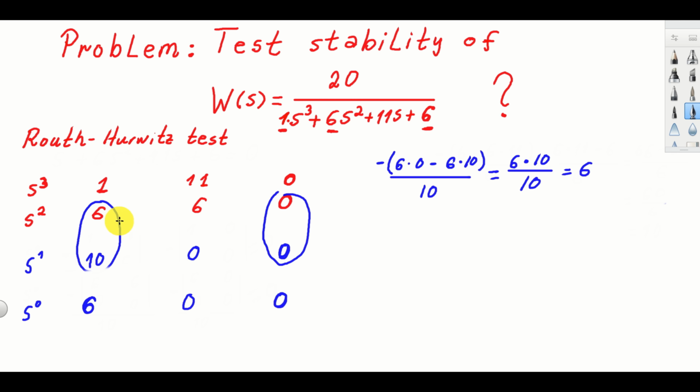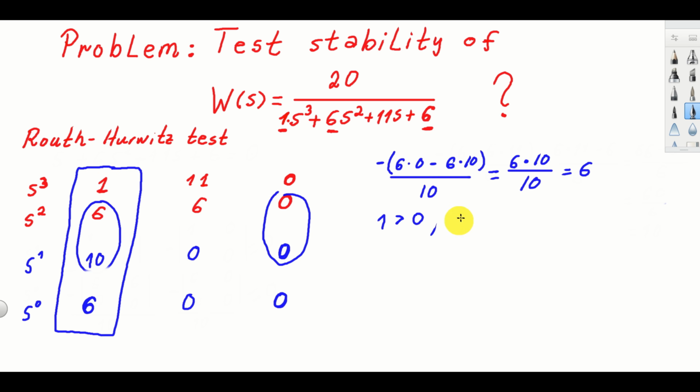The Routh-Hurwitz theorem states that if all the coefficients in the first column of the Routh-Hurwitz table are positive, then the system is asymptotically stable. Obviously, here we have that 1 is positive, the first coefficient, 6 is positive, the second coefficient, 10 is positive, the third coefficient, and the fourth coefficient 6 is positive.